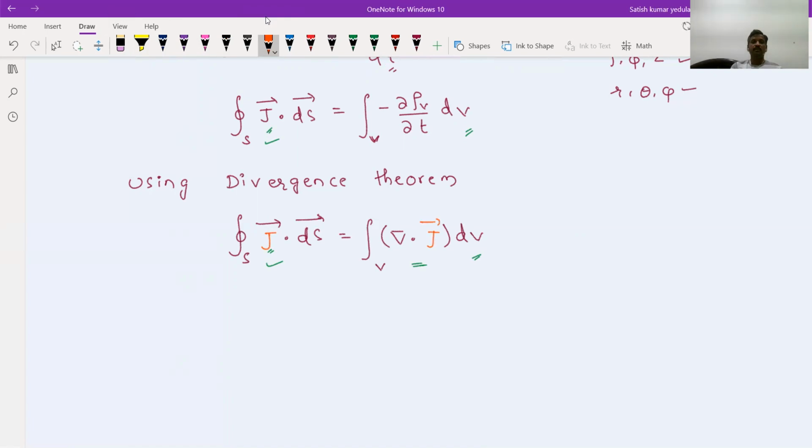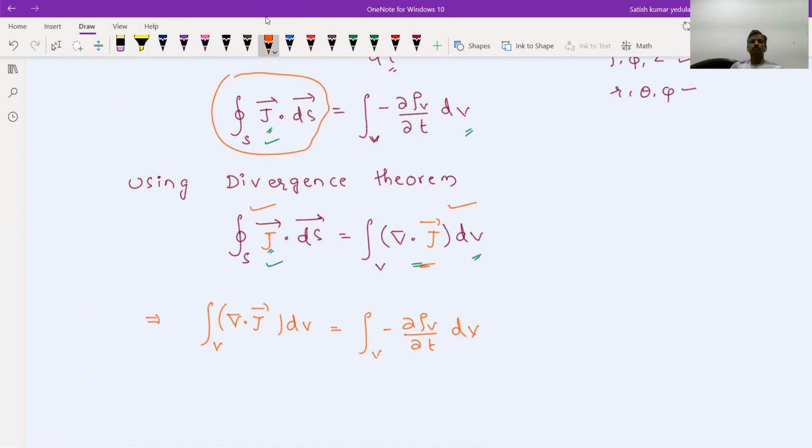So in place of this closed surface integral of J dot dS, we can write this. Now, the volume integral of the divergence of J dV will always be equal to the volume integral of minus dou rho V by dou t dV. Most textbooks will say that we are removing the volume integrations, but that is not a proper way of saying it.